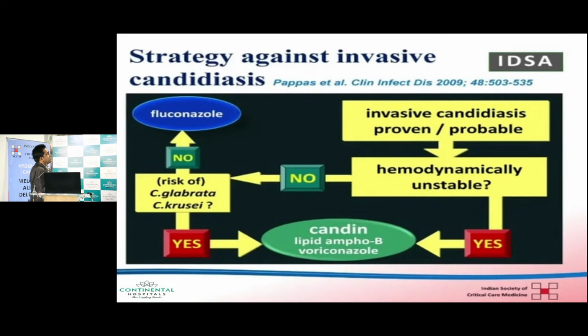If a patient has invasive candidiasis, proven or probable, and the patient is hemodynamically stable, and there is no risk of glabrata and krusei, then we can go ahead with fluconazole. If the patient is unstable and there are risk factors for krusei and glabrata, then we have to use the high-dose antifungals: the echinocandins, liposomal preparations, or the voriconazoles.